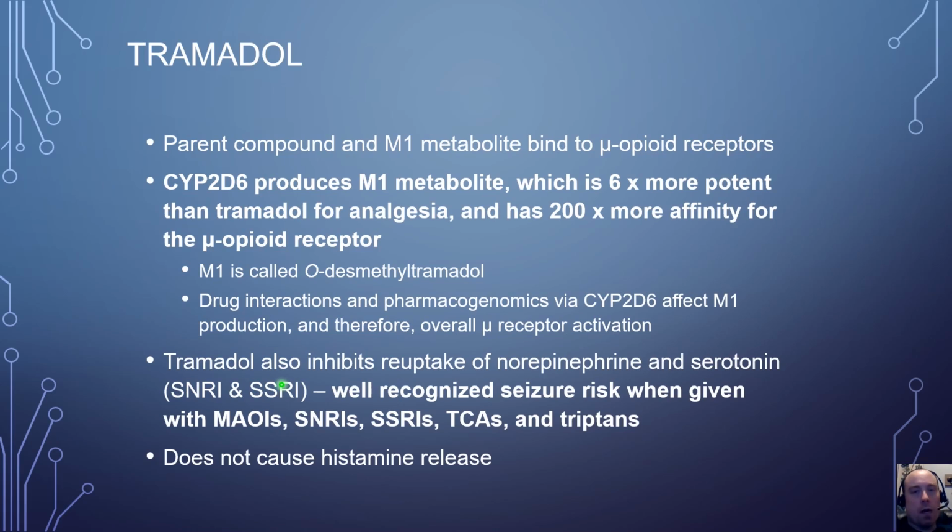So there's a well-recognized risk of seizures when given with monoamine oxidase inhibitors, selective norepinephrine reuptake inhibitors, selective serotonin reuptake inhibitors, tricyclic antidepressants, and triptans that are used for migraines, such as sumatriptan and some of those other ones. Tramadol is advantageous in the sense that it does not produce histamine release, so there's very low risk of what looks like an allergic type reaction that will not be happening with tramadol, whereas it will with the other opioids.